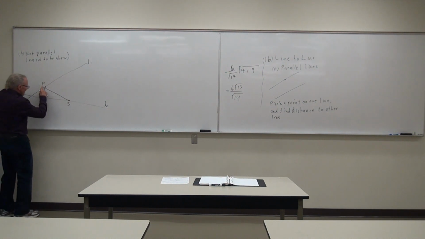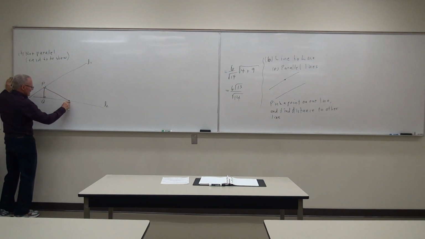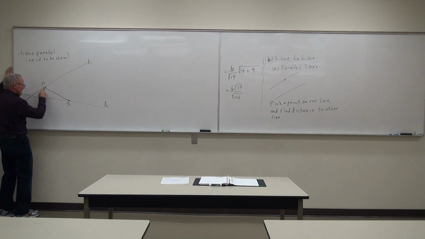Right? Would you agree that this is a right-angled triangle? In other words, would you agree that PS is the component, or that this is the component of that vector along that direction? That length there is the component of this guy along there.